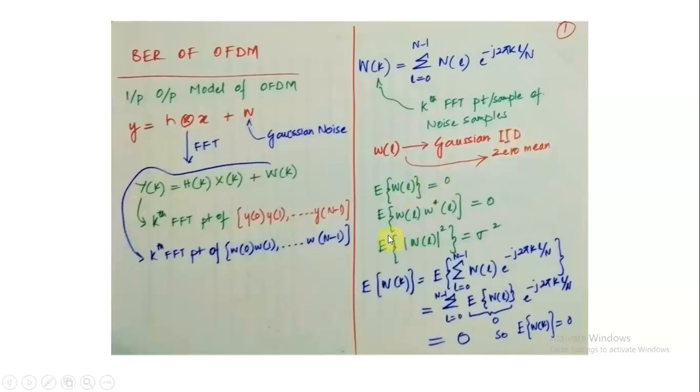Independently distributed means the expected value of wl into w conjugate of l is equal to 0, and the expected value of wl square is given by sigma square. So if we put all these values in this equation, the expected value of wk would be given by 0, because the expected value of wl is equal to 0.